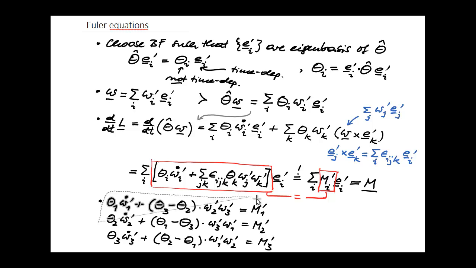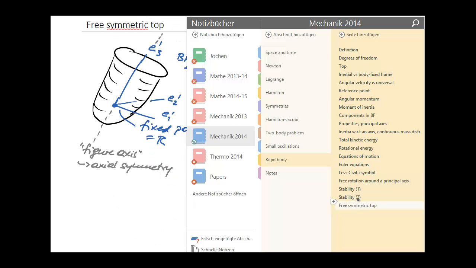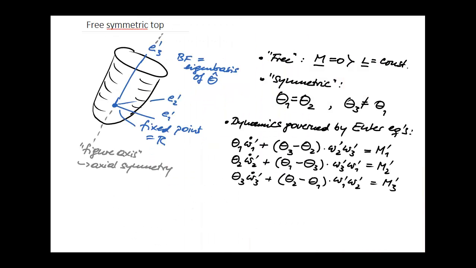These were the Euler equations, and again, they will be the starting point for the discussion of the dynamics of a free symmetric top. Let us see if we can simplify the Euler equations with the help of the assumptions that we made, namely that the top is free and that it is symmetric.